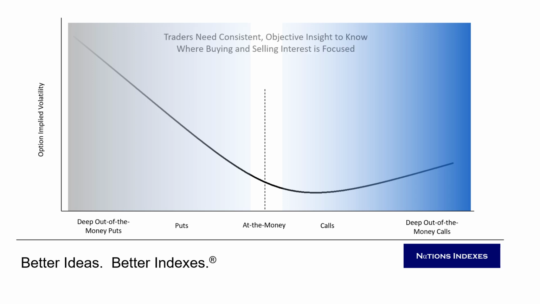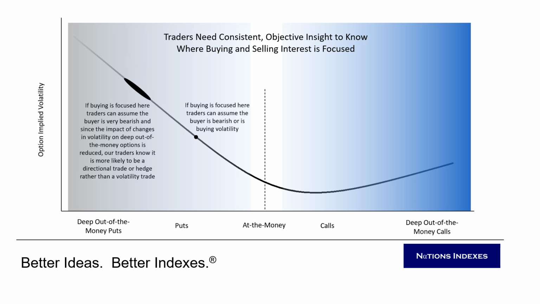One problem that every option trader has is a lack of consistent, objective insight into how an option market is changing and which specific options, or range of the option skew, are being bought and which are being sold. And let's face it, if traders are focused on buying puts, or a range of the put skew, that's something you as a trader would like to know because it transmits specific information.